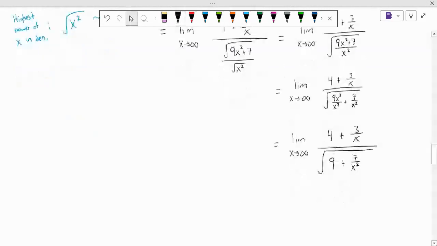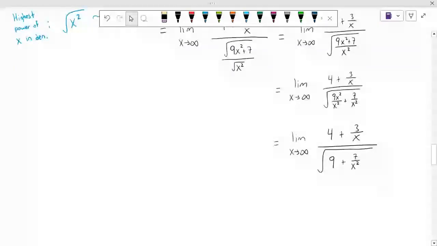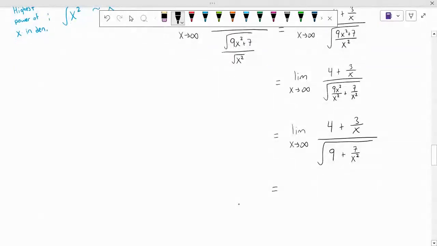But now as x is approaching infinity, again, we can make use of the rule that a number divided by infinity is considered equal to 0.